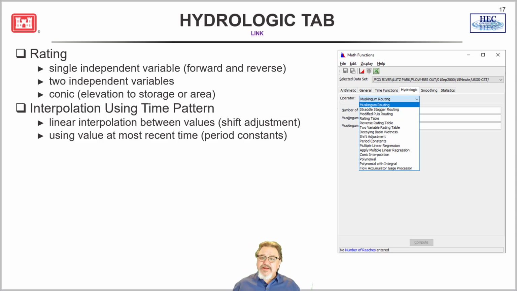You can also do the same thing, except instead of interpolating, you can just set the values to whatever was most recent in that time series. And so that's what period constants are.